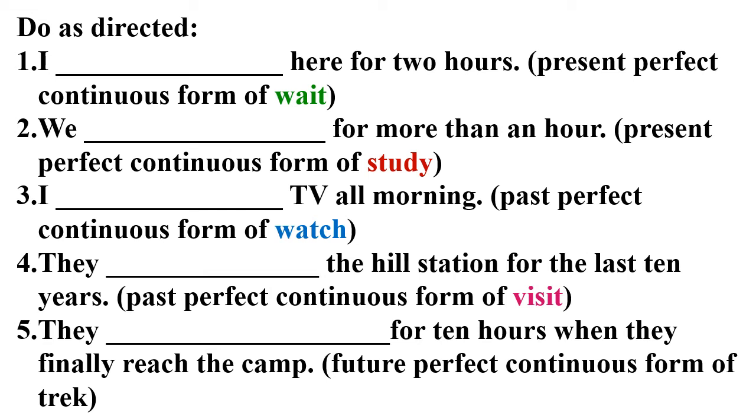In this sentence, the subject I is not third person singular, and so we write the helping verb have been followed by the ing form of the verb given in the bracket. The ing form for wait is waiting. So the answer is I have been waiting here for 2 hours.